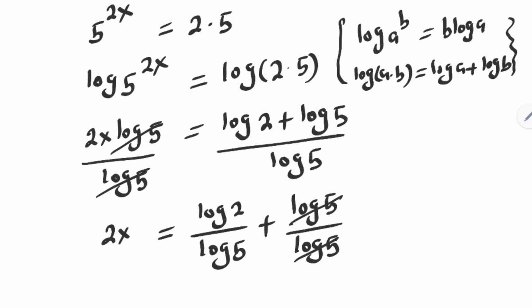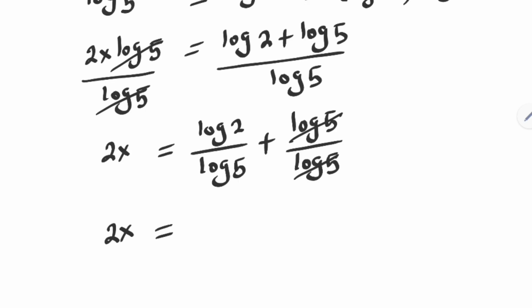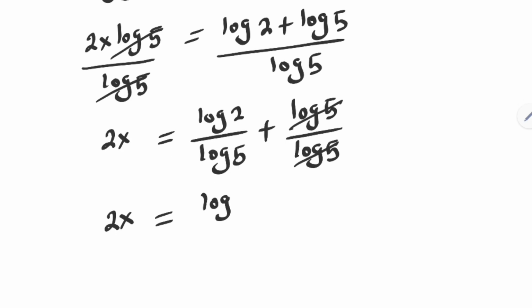This log 5 cancels this log 5. 2x is equal to log 2 over log 5 plus 1.